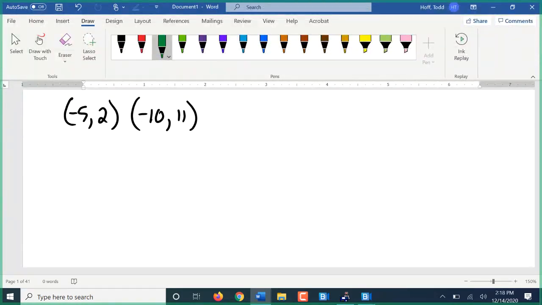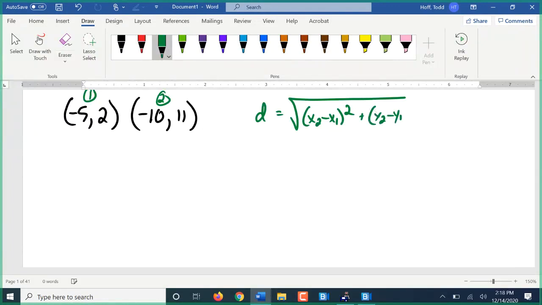So again, I'm going to label this point 1 and point 2. My distance formula, x2 minus x1 squared plus y2 minus y1 squared, square rooted.